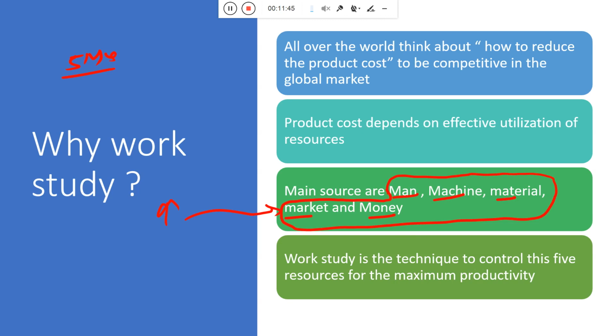Okay, so by work study you can do that. That's why we need to apply work study in every organization, so we can reduce the existing cost of that particular product. Okay, you can say like that. So that is one way.